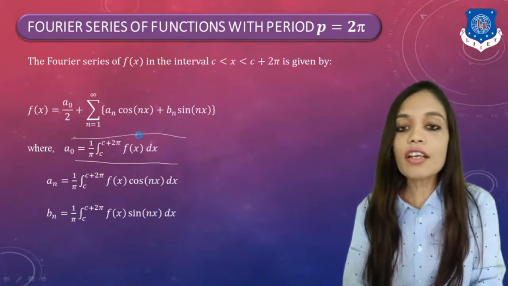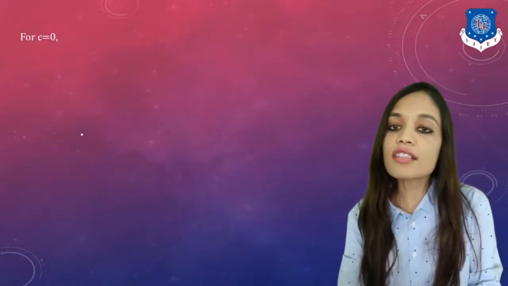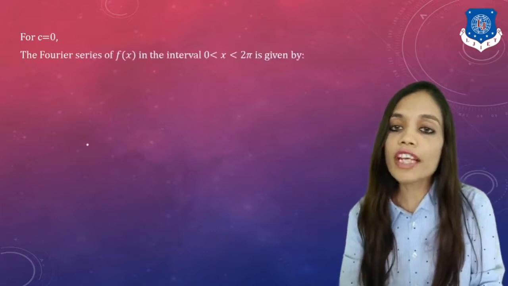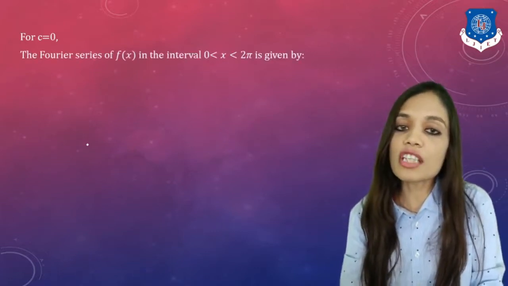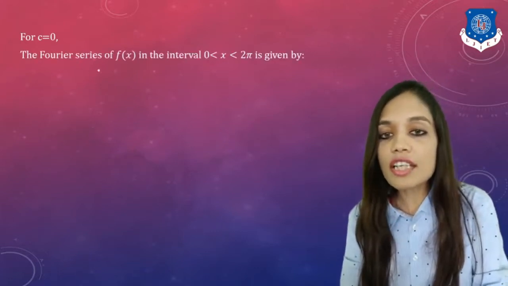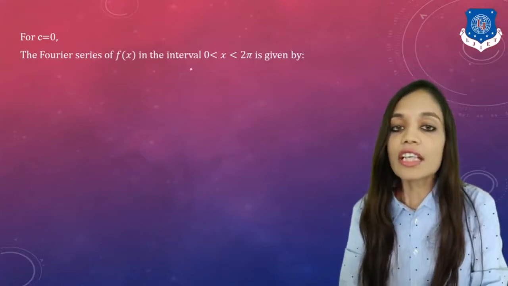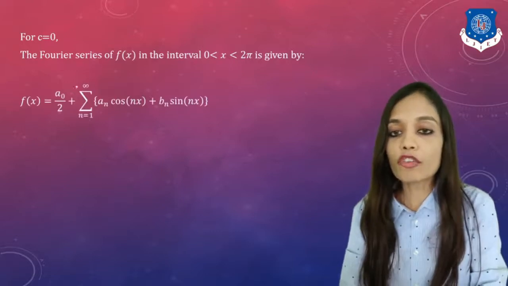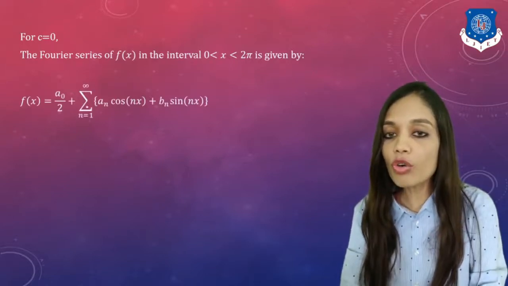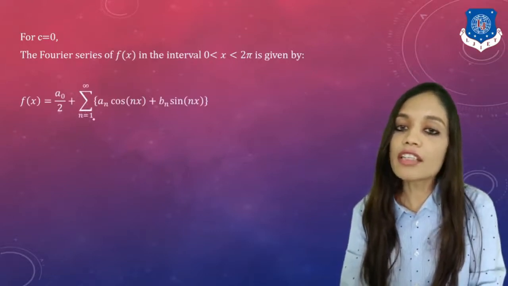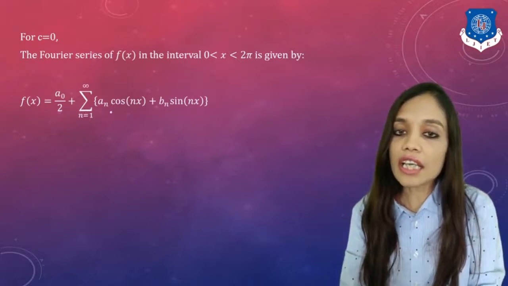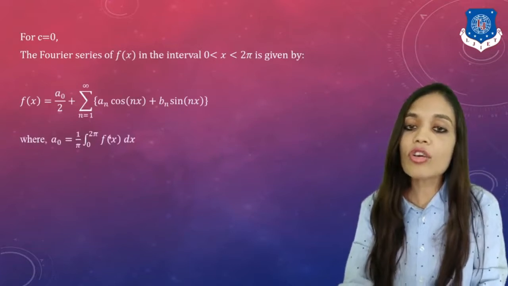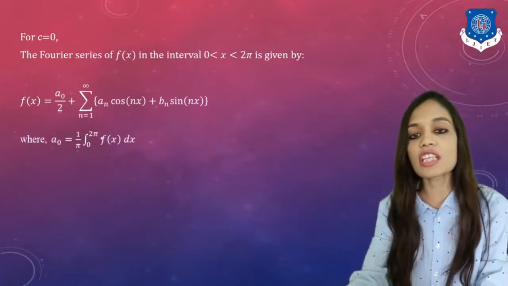So now let's see one example of Fourier series when we have the value of c as 0. So whenever we put the value of c as 0, the Fourier series of a function f of x in the interval 0 to 2 pi is given by f of x is equal to a0 by 2 plus sigma n is equal to 1 to infinity an cos nx plus bn sin nx, where a0 is, here we are putting the value of c as 0.